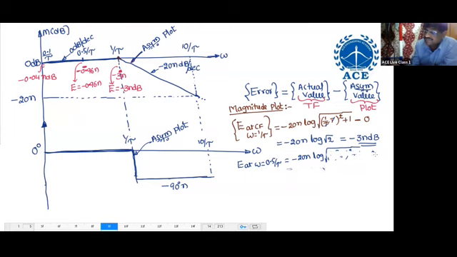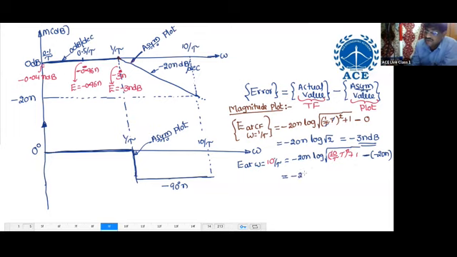Same procedure, just omega changes. For example, here 10 by tau: minus 20 log root of (10 by tau into tau) whole square plus 1, minus the asymptotic value, which is minus 20n. So minus 20n log root 101, which gives minus 20.004n plus 20n.